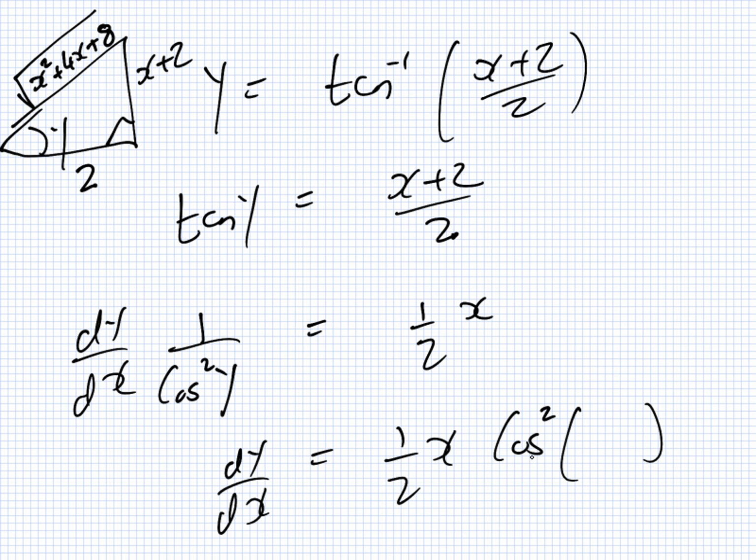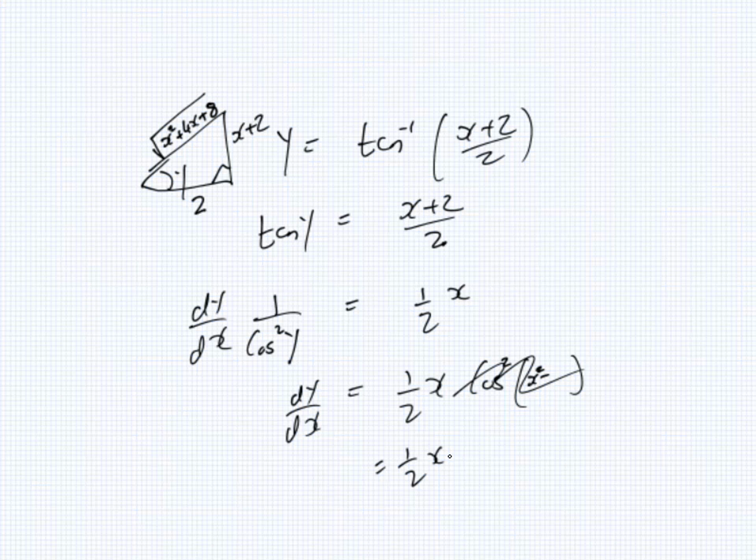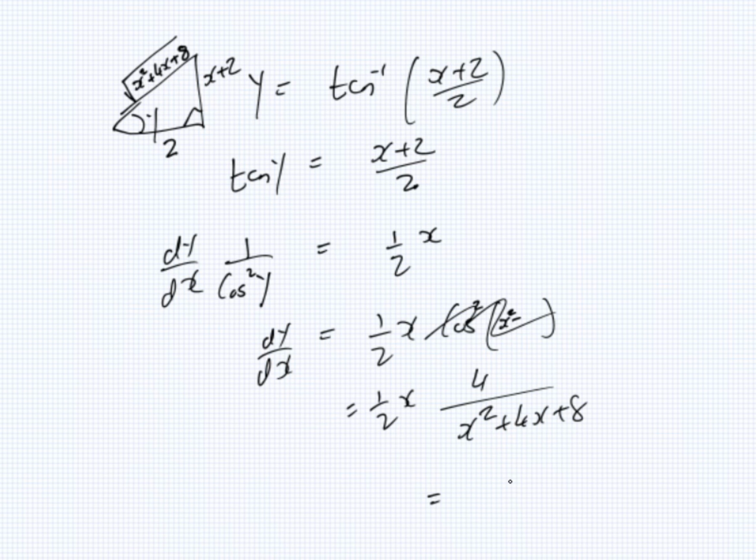So that's how I missed the 4x, because of the Pythagoras. This is x squared, this is a half x, and cos is this over this. So cos squared will be 4 over x squared plus 4x plus 8. So the final answer is 2x over x squared plus 4x plus 8.